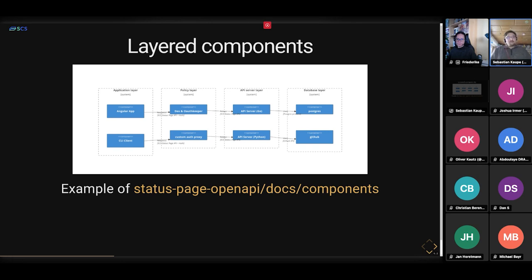Then we have the API server layer, which is providing us with our API and is responsible for the interaction with the database layer, which takes care of storing all of our data.